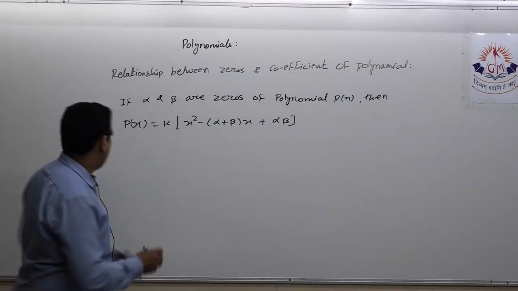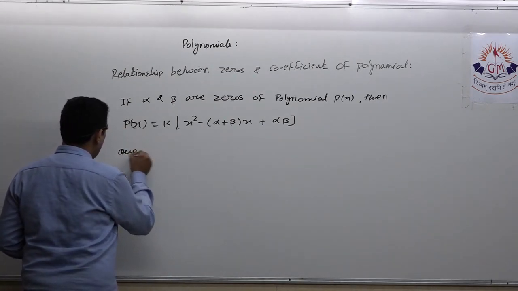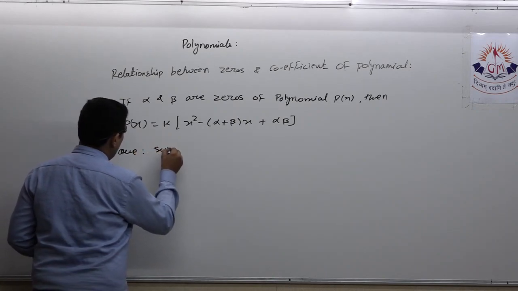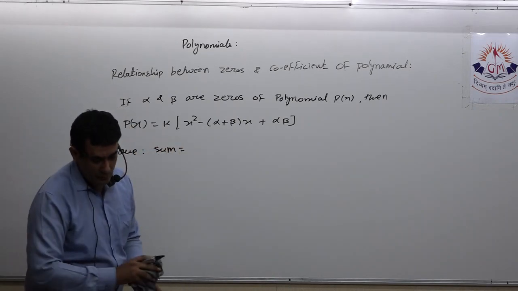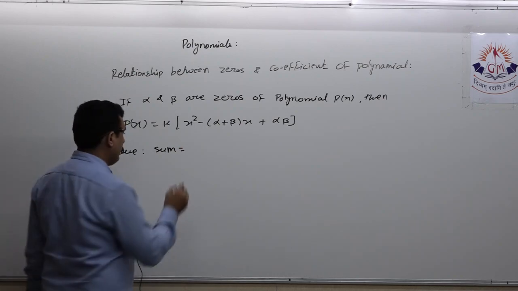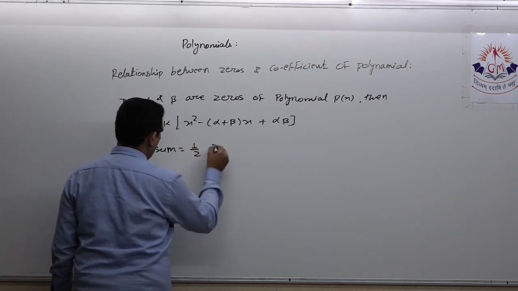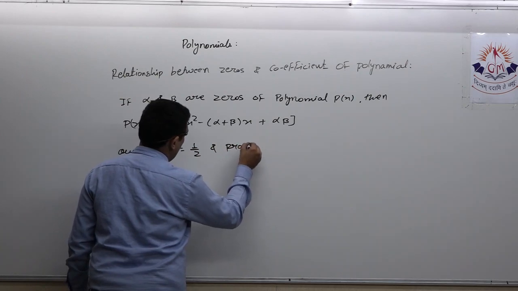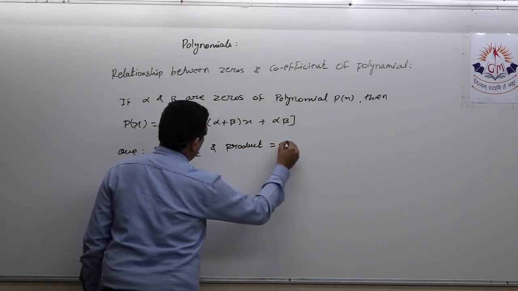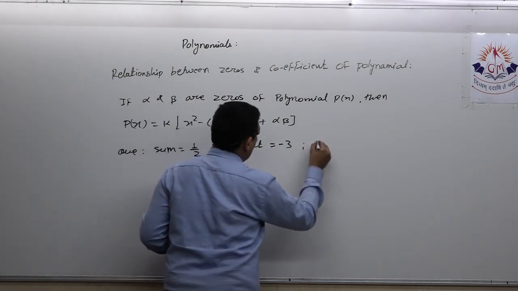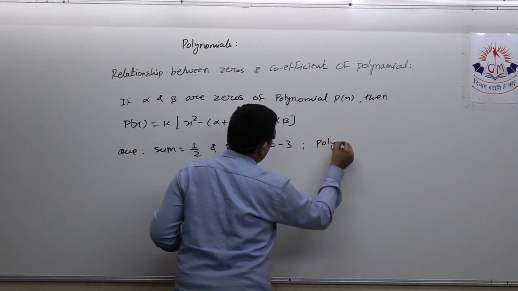See, suppose sum is given 1 by 2 and product is given minus 3, and we have to obtain the polynomial.